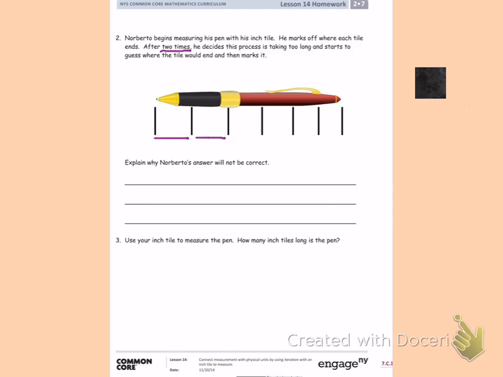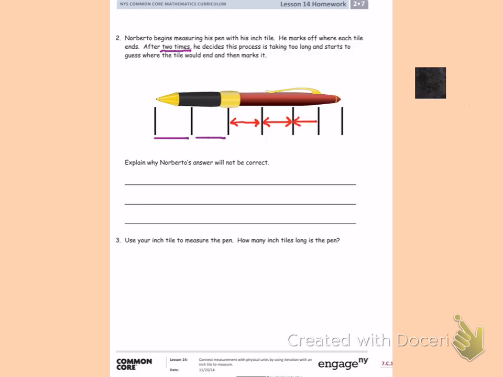Looking at the first 2 times when he did use his inch tile, I can see that the distance between here and here is very similar to the first 2 times, but it looks like it might be a little smaller. When I look at this distance and compare it to the first 2 times, it definitely looks like a smaller distance.